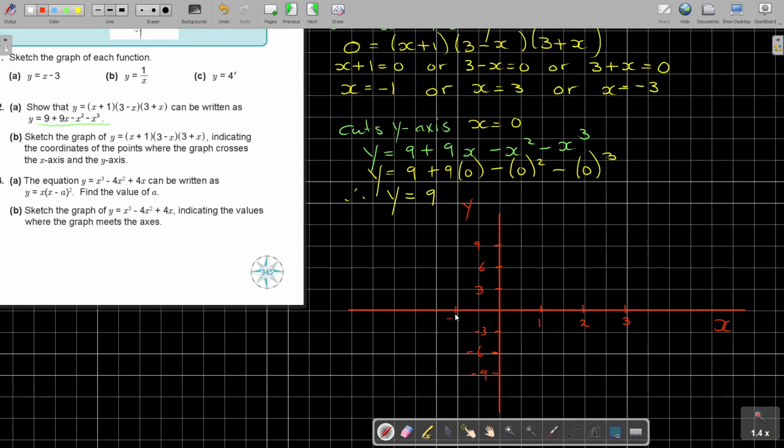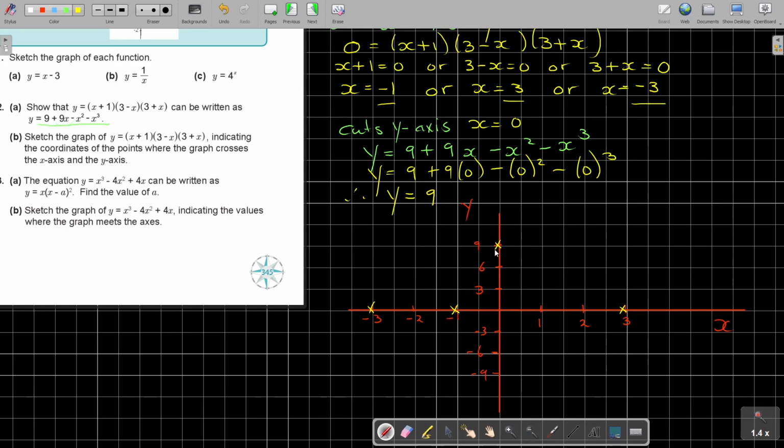And then this is -1, -2, -3. Okay, now I'm going to start with the sketch. The first thing is to mark all your points. It's going to go through -3, through that middle one, 3, and it cuts at 9.